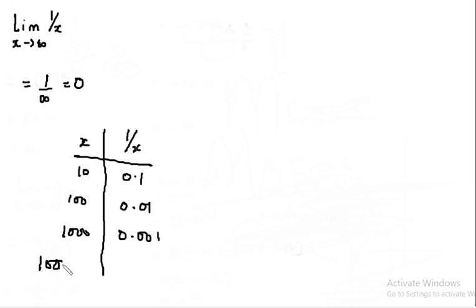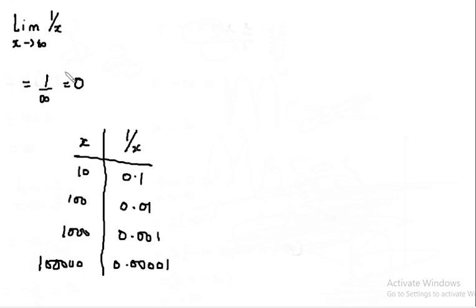Put in 100,000, we would have 0.00001. So if you notice, the more we increase the value of x, the closer our function 1 over x gets to 0. So that's why 1 over x as x approaches infinity is 0.